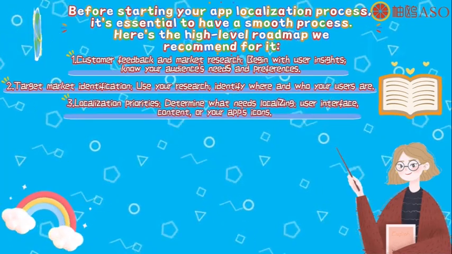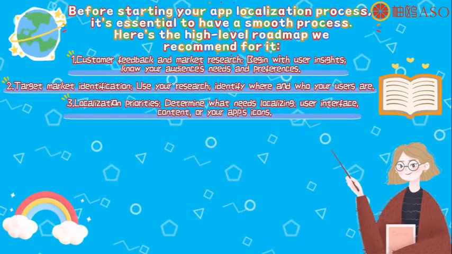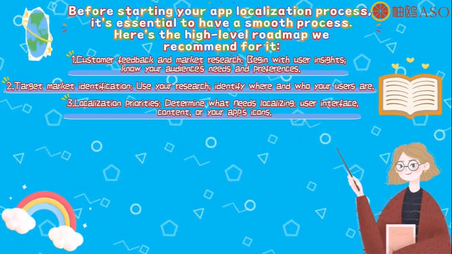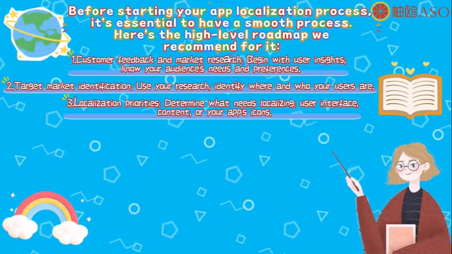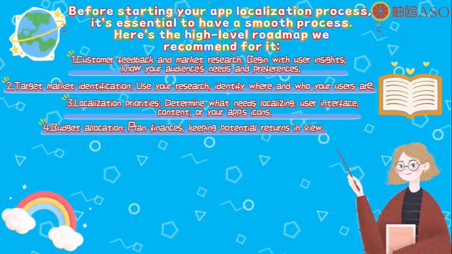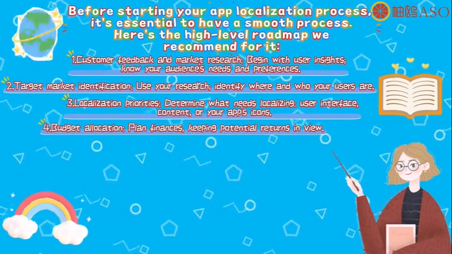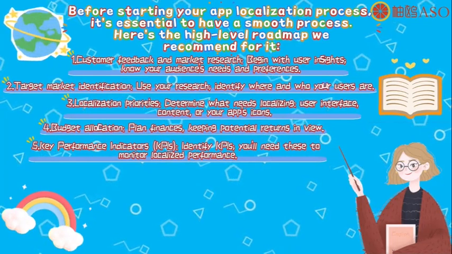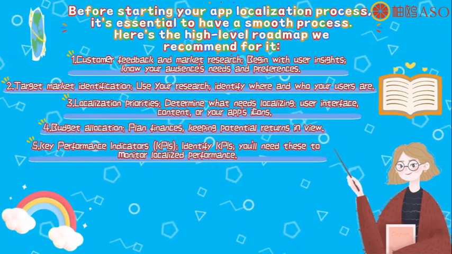3. Localization priorities. Determine what needs localizing: user interface, content, or your app's icons. 4. Budget allocation. Plan finances, keeping potential returns in view. 5. Key performance indicators (KPIs). Identify KPIs.